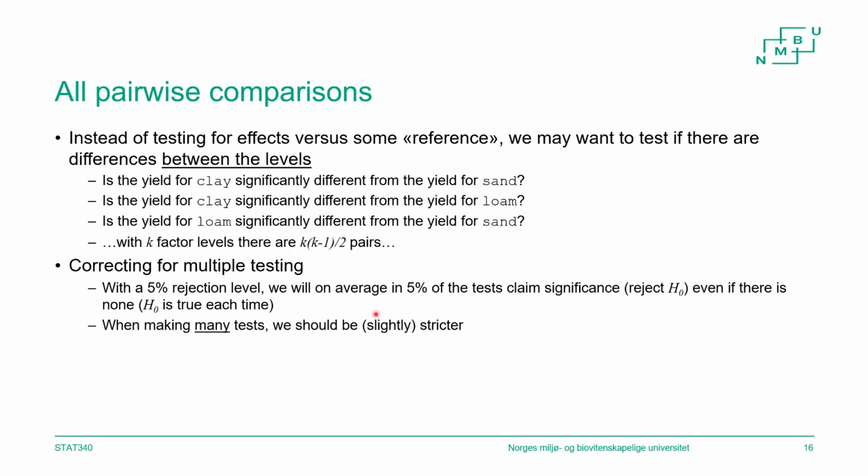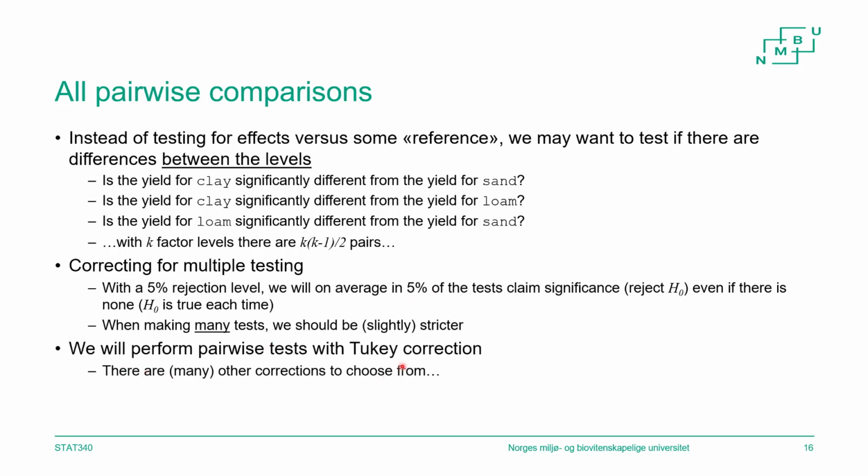So that motivates us to be slightly stricter than we would otherwise be. You can, of course, just lower the threshold, but what we typically do is to make some kind of correction to the computed p-value. So the p-value is interpreted as before, but it's not actually the same p-value as you used to see. And when it comes to ANOVA and multiple pairwise testing, we would use what is called the Tukey correction.